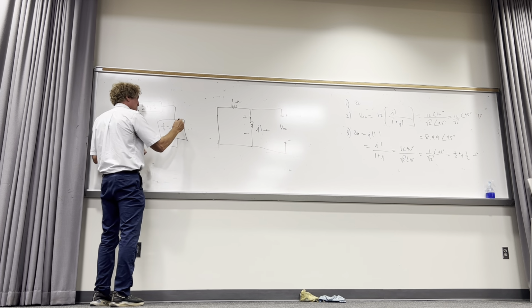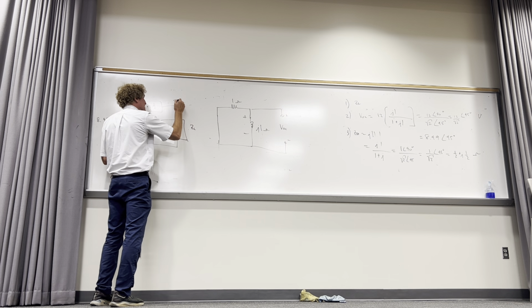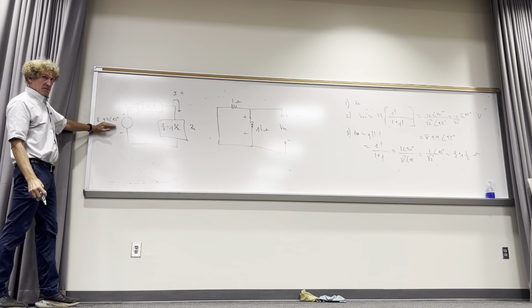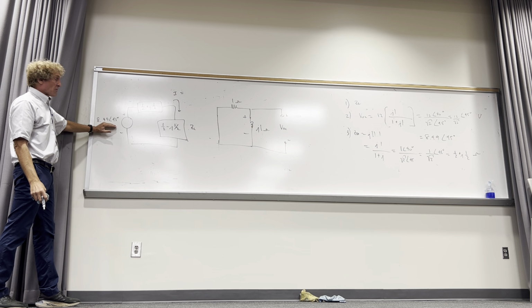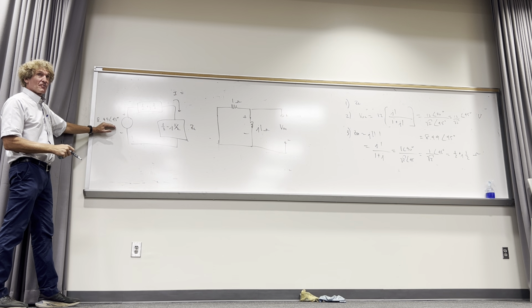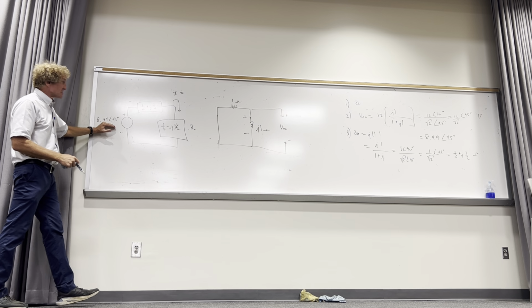Let's try this. This is the load. What's the current going to be flowing here? It would be this divided by what? 1. You all see that? 1/2 and 1/2 is 1. The minus J1/2 and plus J1/2 cancel.